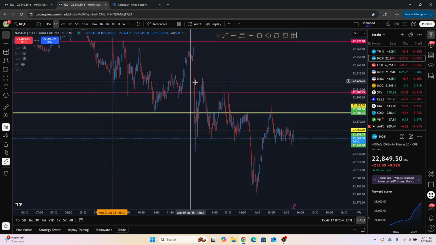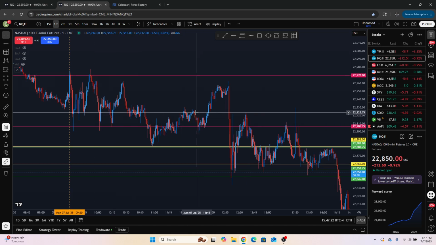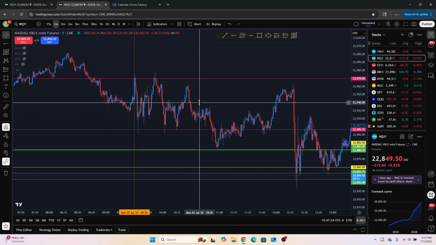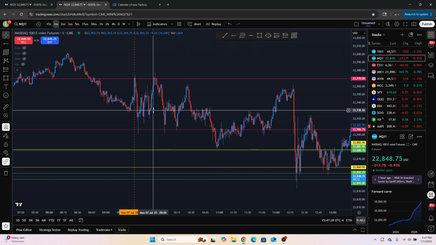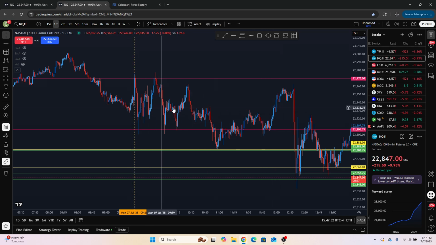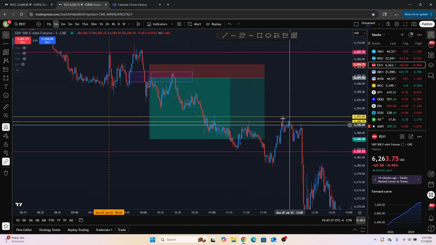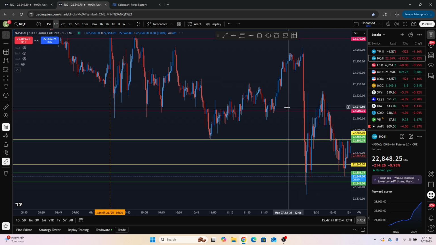And then let's look at NQ. NQ was definitely a different story. NQ is definitely stronger today. As you can see, majority of the AM session, it really was just consolidating, while we did have ES just continue to go lower and lower and lower.